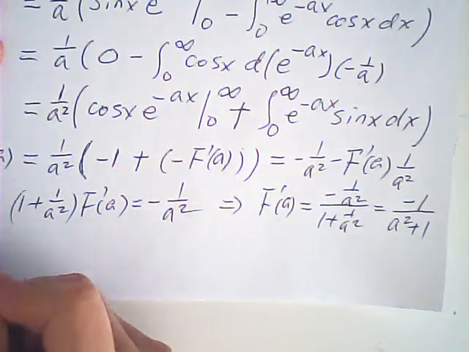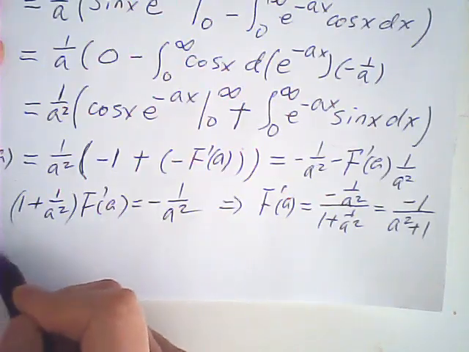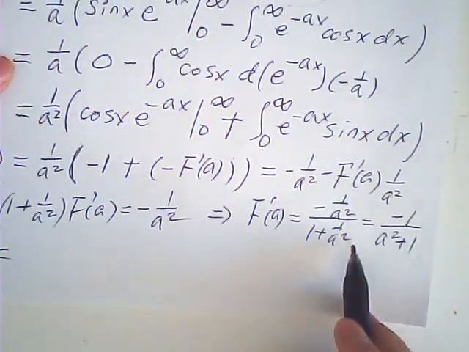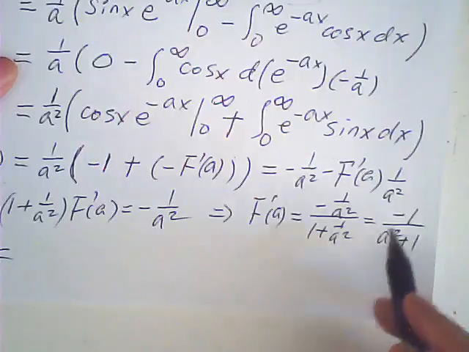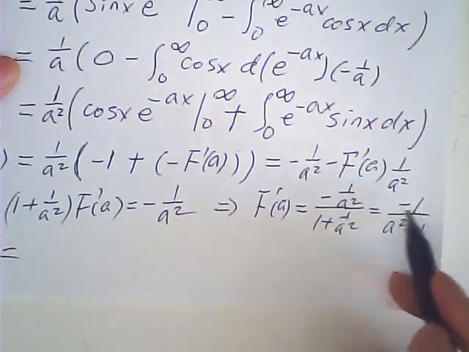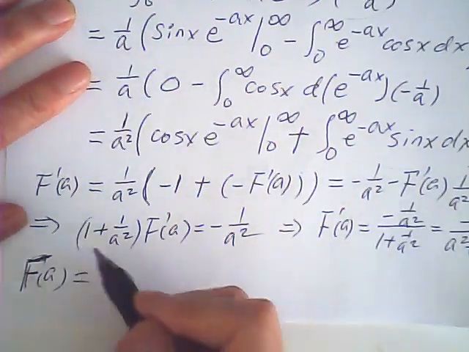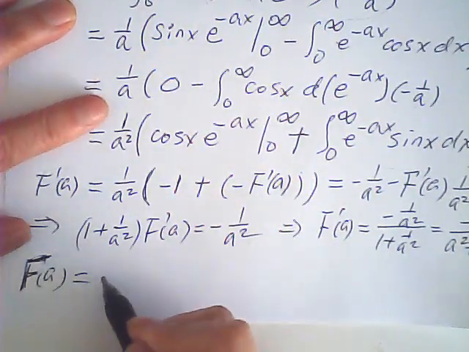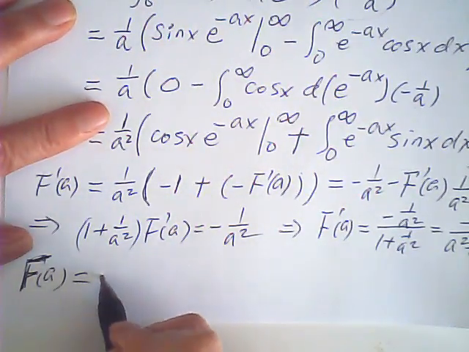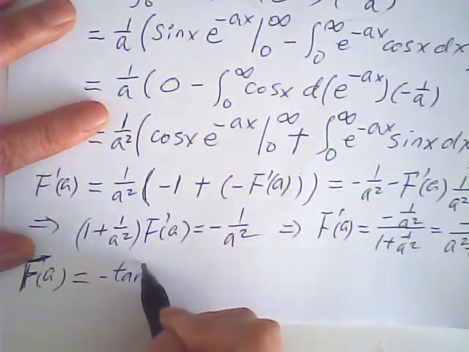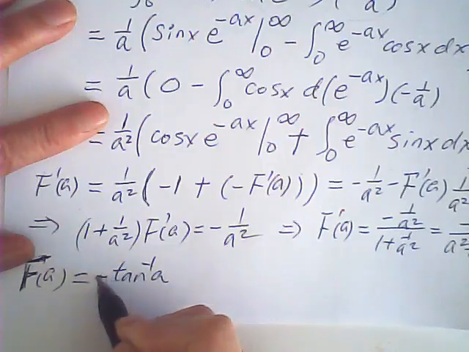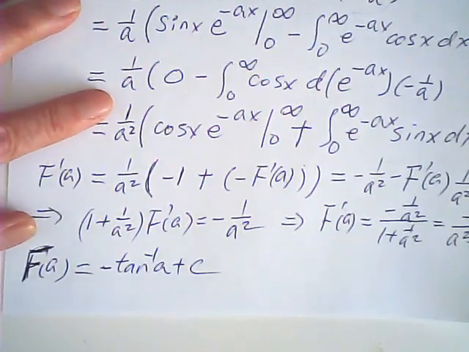Now my f of a is the antiderivative of this one, which is negative arctangent a plus c.